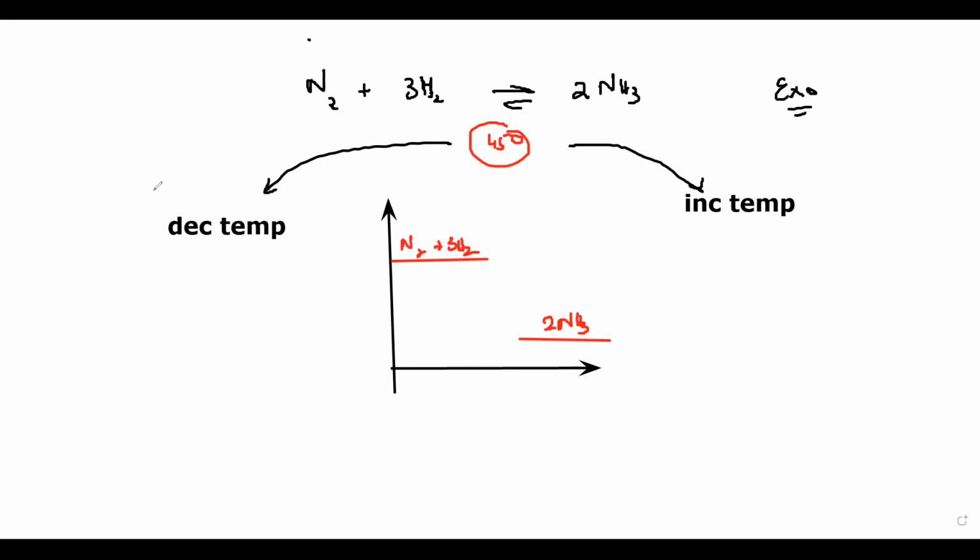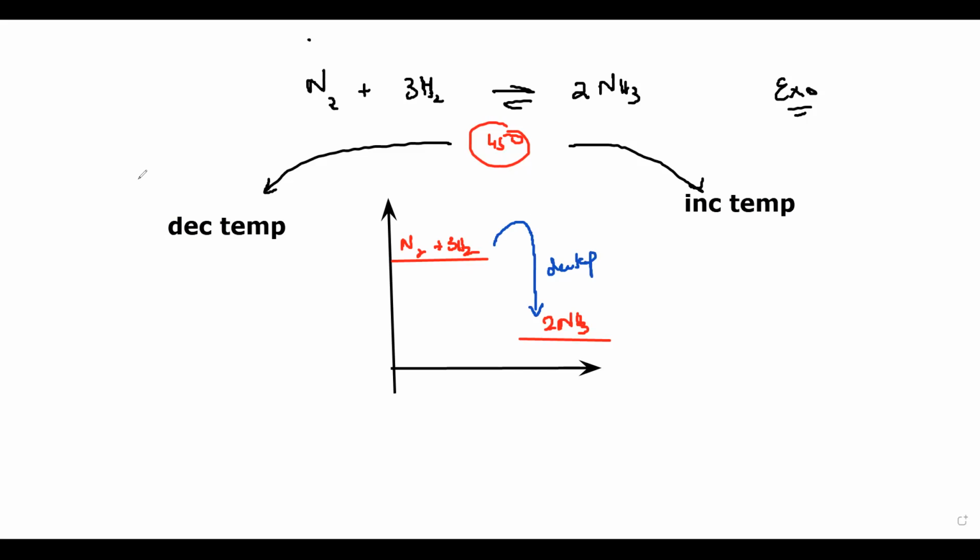if we decrease the temperature, two things will happen. Number one, what about the balance? Because it's a reversible reaction, if we decrease the temperature, we remove energy, so the equilibrium will shift toward the right hand side.